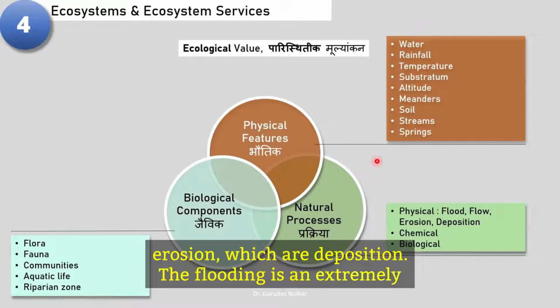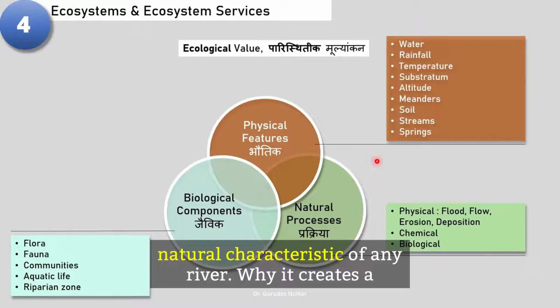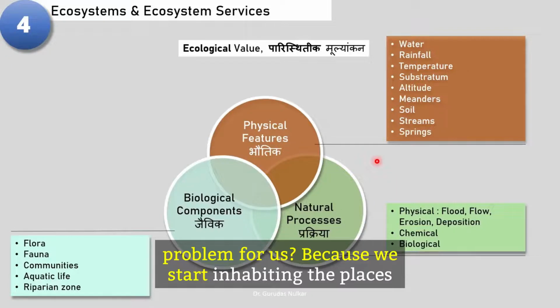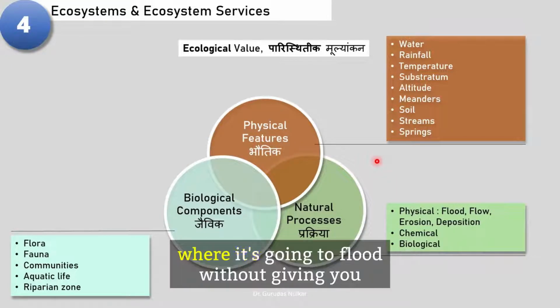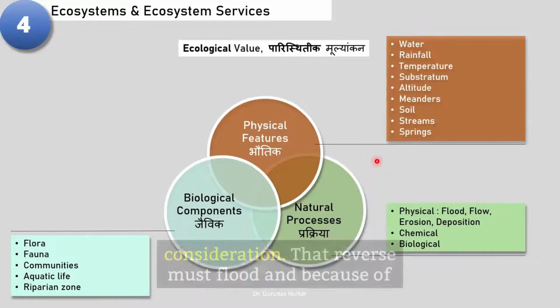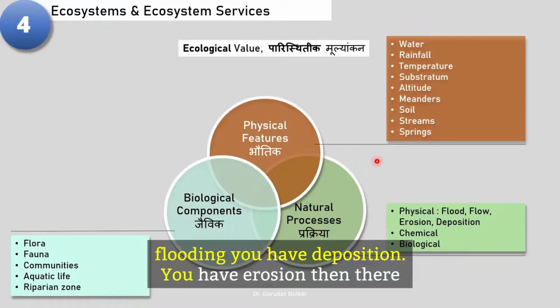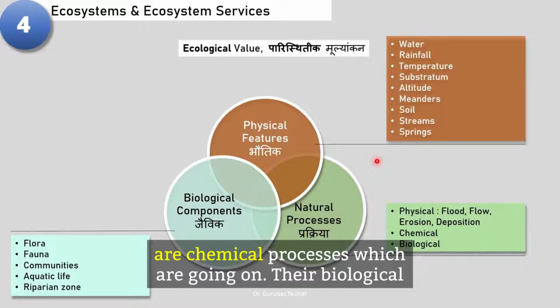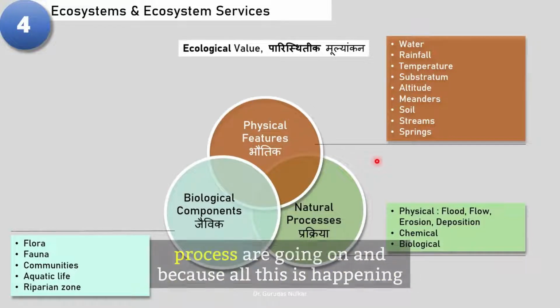Flooding is an extremely natural characteristic of any river. Why it creates a problem for us is because we start inhabiting the places where it's going to flood without giving due consideration that rivers must flood. And because of flooding, you have deposition, you have erosion. Then there are chemical processes going on, and there are biological processes going on.